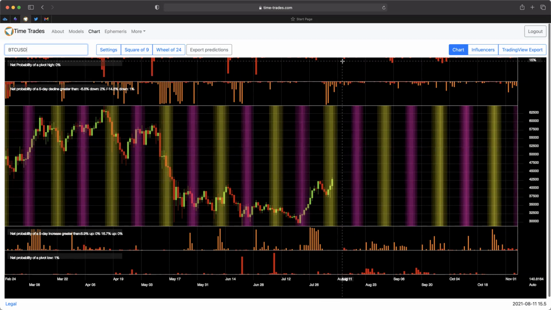Okay, so we've got a very small probability, 5% probability high up here on August 12th. I don't put a whole lot of importance to probabilities that high, but it's still something to note.